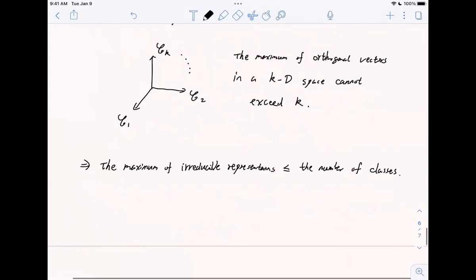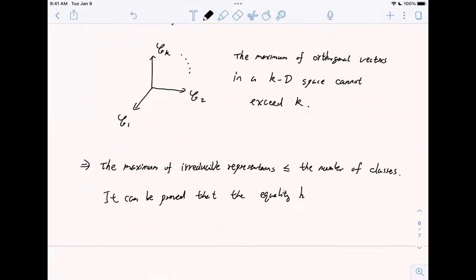And it can be proved that the equality holds. Here I don't have the proof for you, but it can be proved. You just take the result for now.